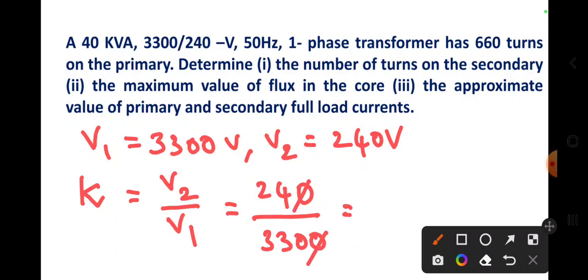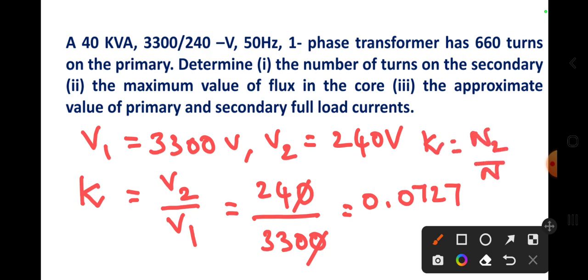Then 24 divided by 330. This will be 0.0727, and we know that this K value is equal to N2 by N1 also.